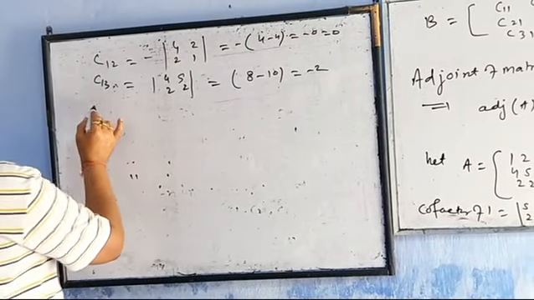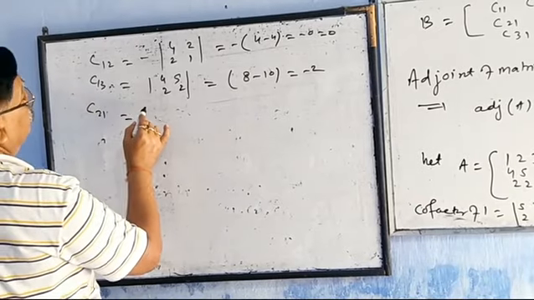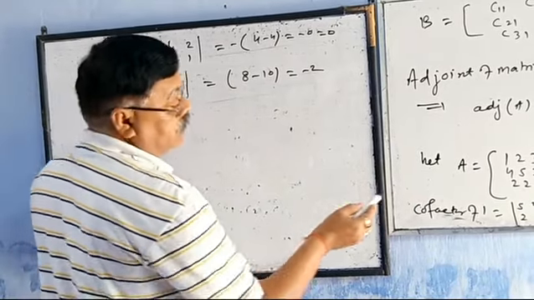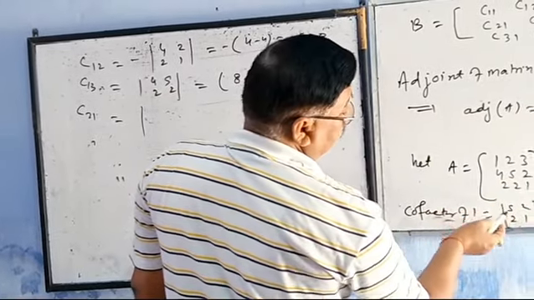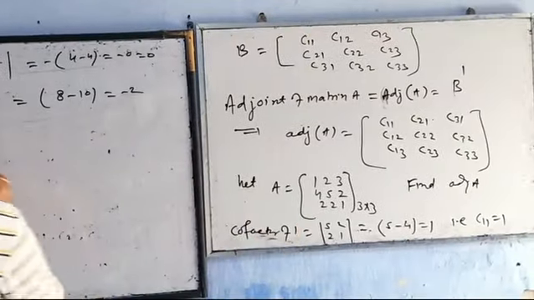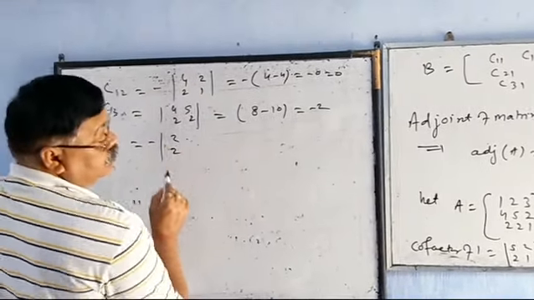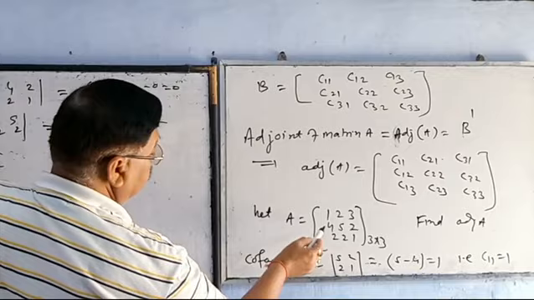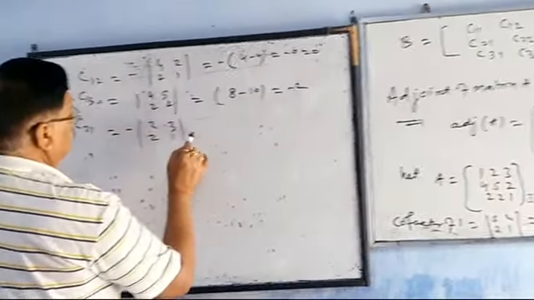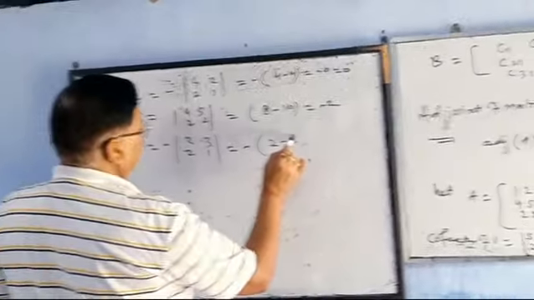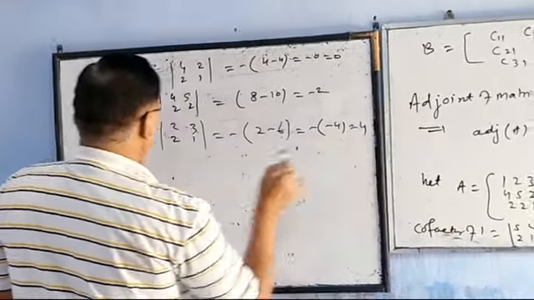Now C21, the cofactor of 4: deleting this row and column leaves 2, 3, 2, 1, with a minus sign, so minus (2 minus 6), which is minus minus 4, that is 4.